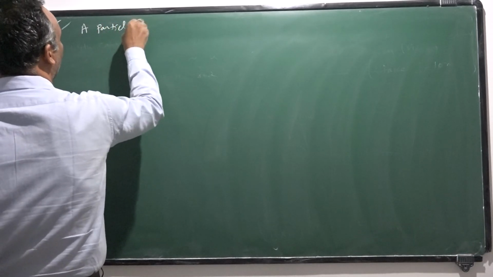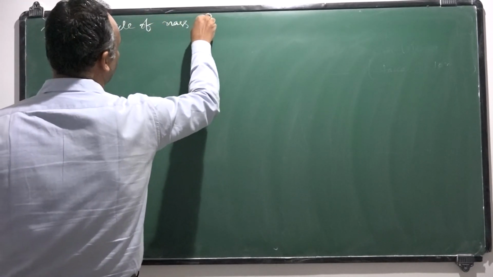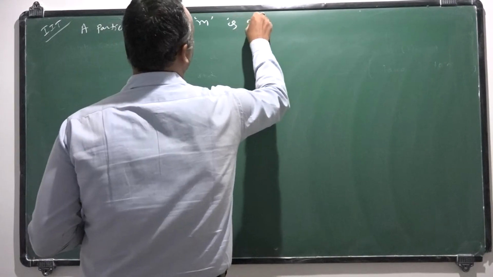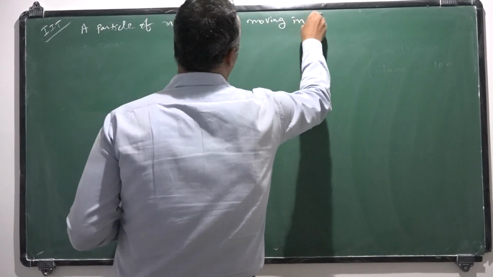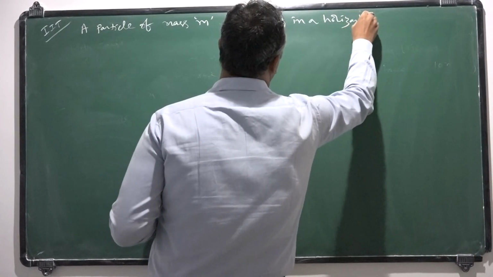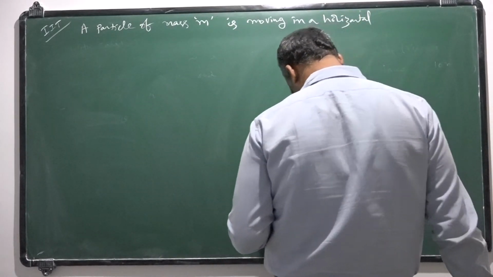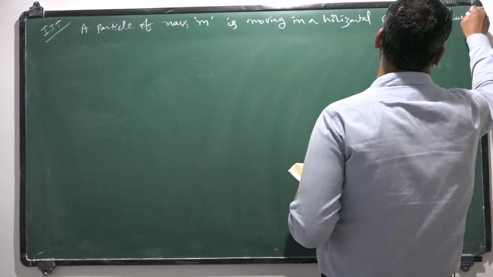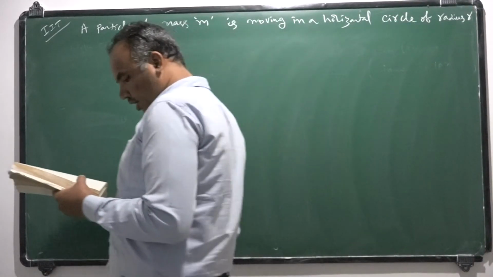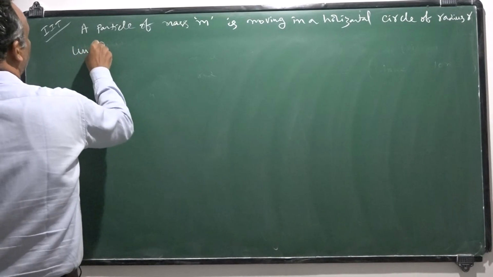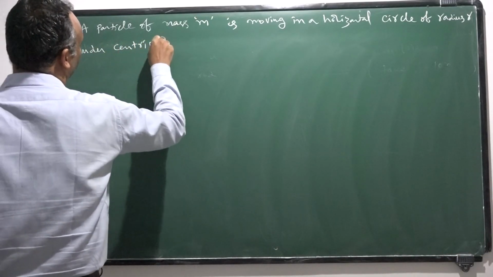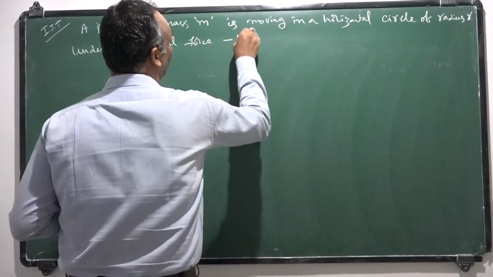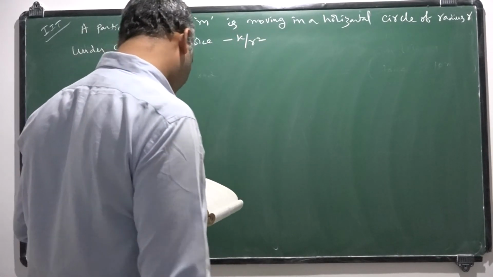A particle of mass m is moving in a horizontal circle of radius r under centripetal force minus k by r square, where K is constant.